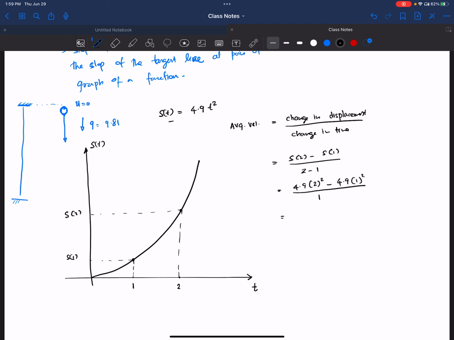So the answer for that one is 14.7. If you calculate that, you see that the answer is 14.7 meters per second.